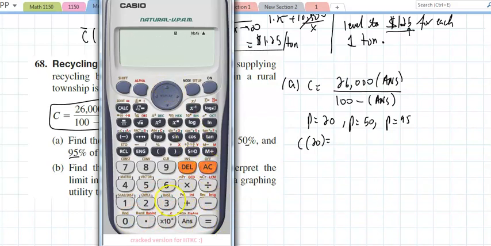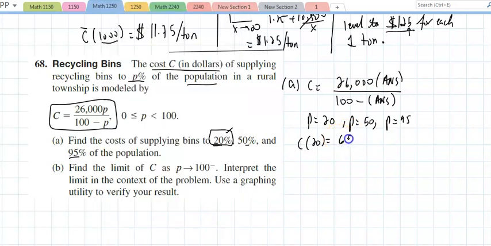Okay, something's not right. What is 20? I don't think you have to do that, but I just want to make certain. $6,500. What if you want to supply 50%?